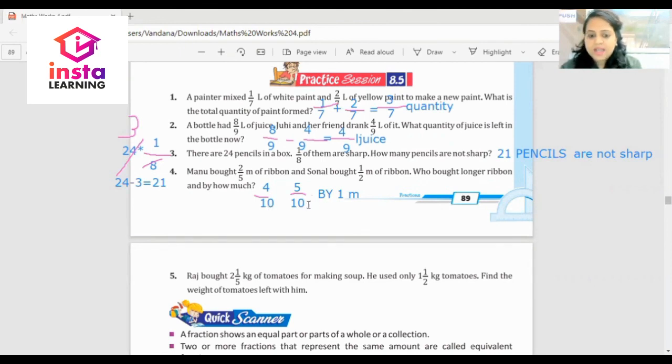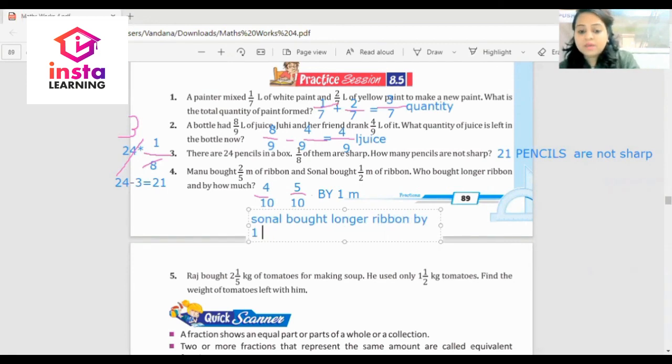So students, who bought longer ribbon? Sonal bought the longer ribbon. Very easy. Then by how much? By 1 upon 10 meter, 5 minus 4, 1.